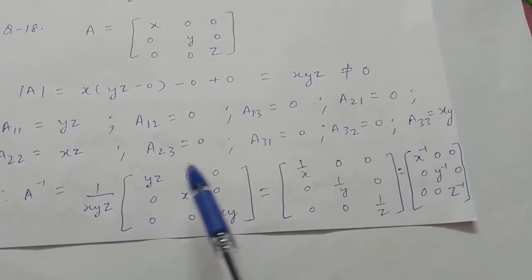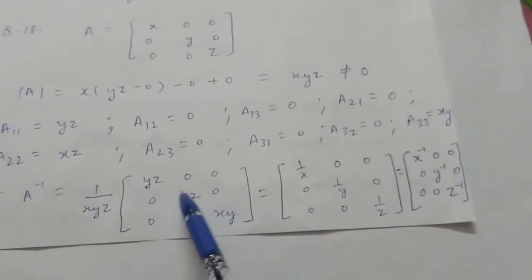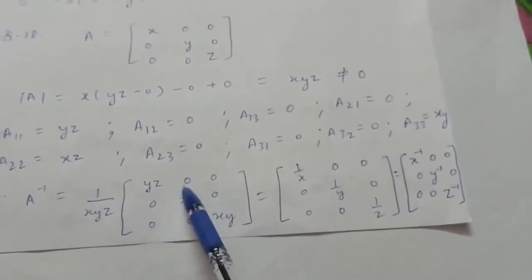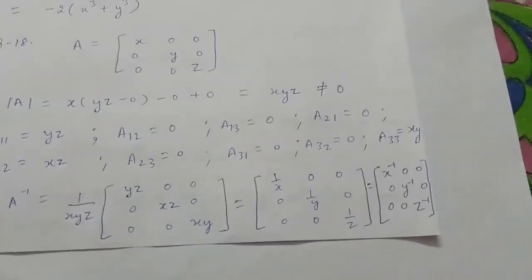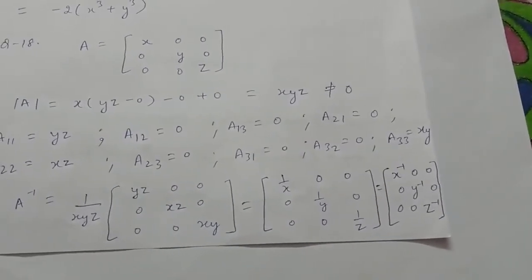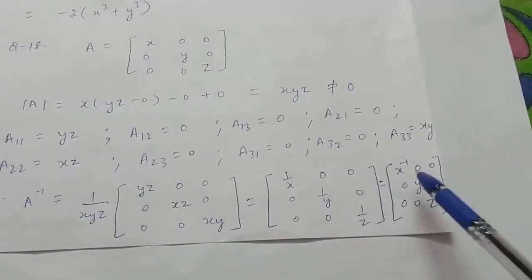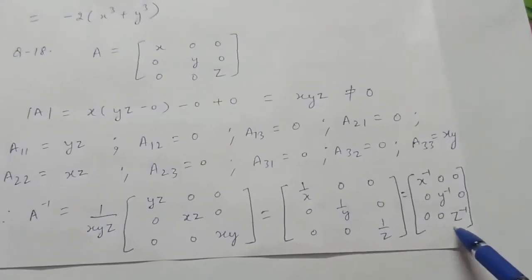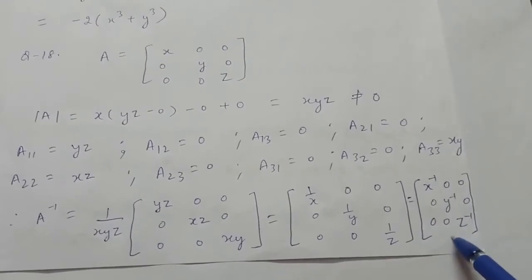So A inverse will be 1 upon determinant of A into this adjoint of A. Now take this 1 upon xyz inside the matrix, that is multiply all the elements with 1 upon xyz. So you will get this matrix, which is x inverse 0 0 0, y inverse 0 0 0, z inverse. So option A is correct, right?